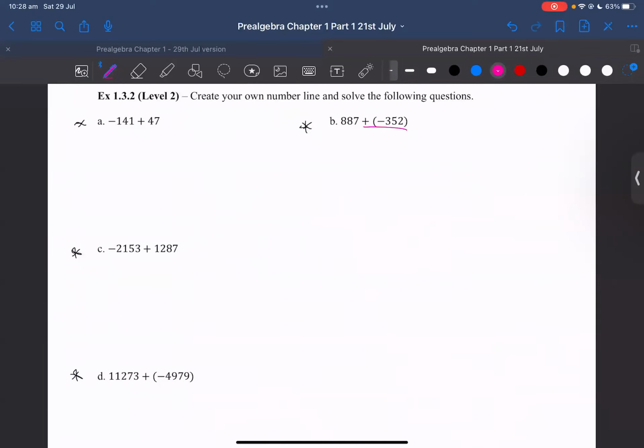Because negative 141 plus 47, am I going to increase the value or decrease the value? Obviously it's bigger in terms of being to the right, but is it going to be a smaller value or a higher value when you add to a negative number? It's going to become smaller, right? You're going to get close to the origin. So you actually should be subtracting.